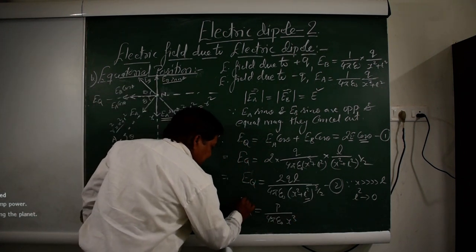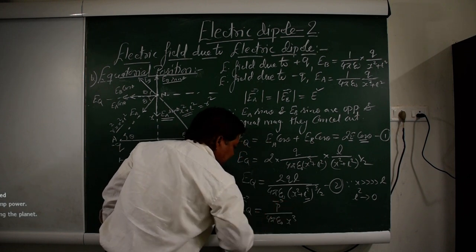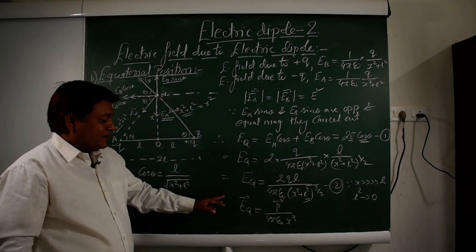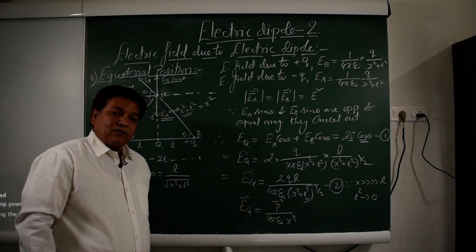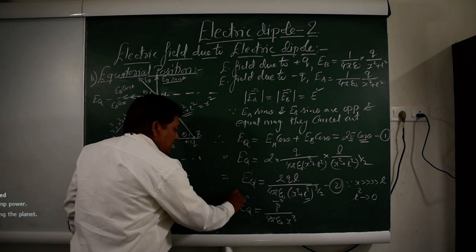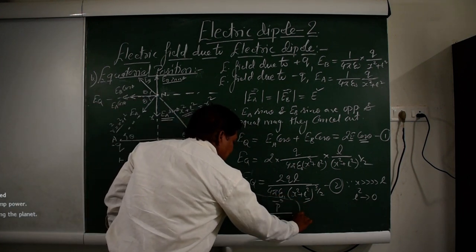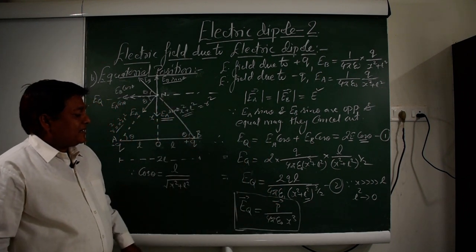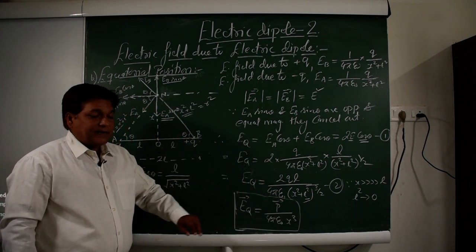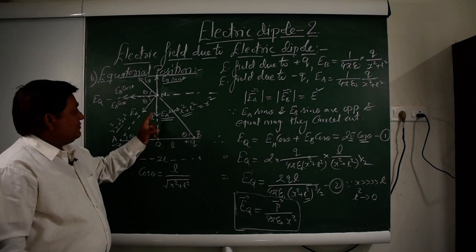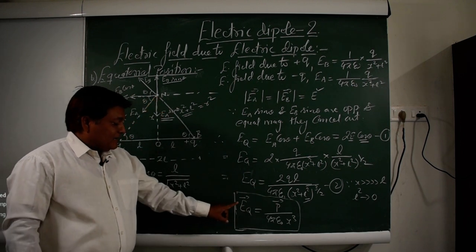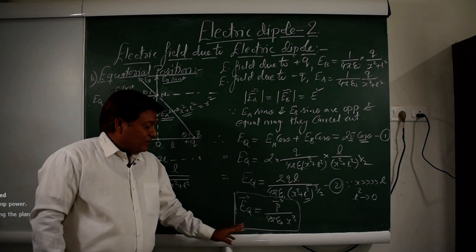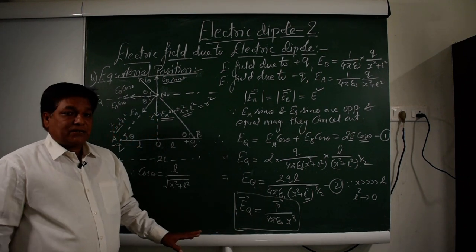Electric field is a vector quantity, and dipole moment is also a vector quantity. What is the direction? This is the required expression for the net electric field at the equatorial position, but electric field is a vector quantity, so what will be its direction?